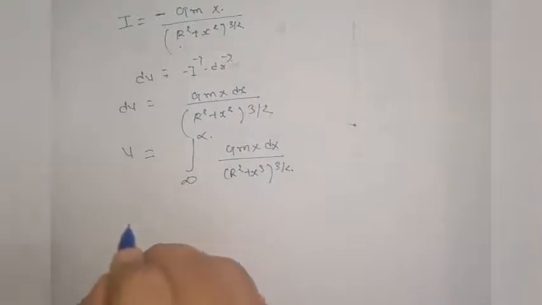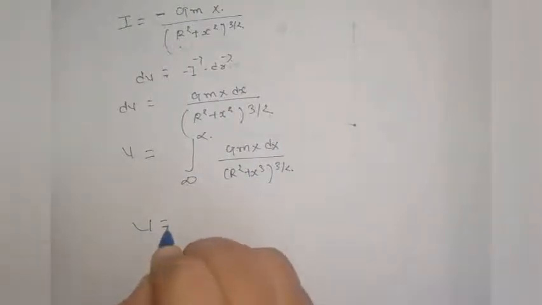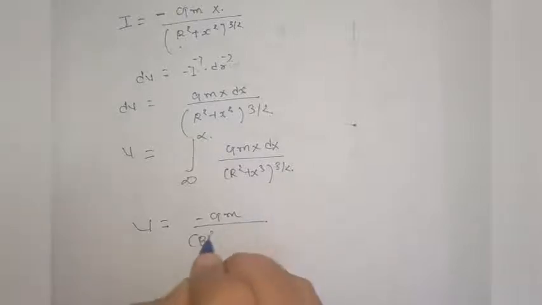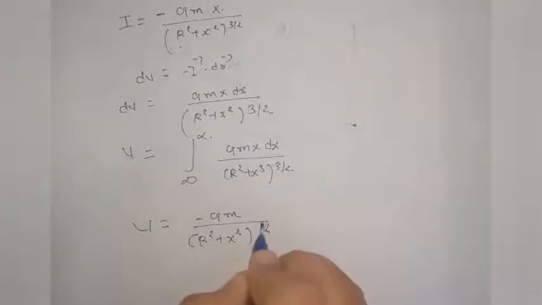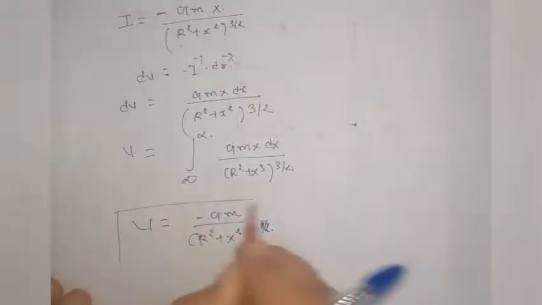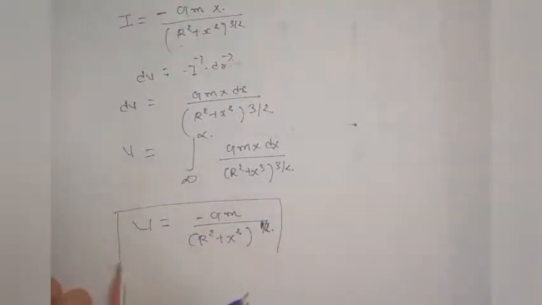So the potential will be minus GM divided by (r squared plus x squared) whole power 1 by 2. So this is the potential on the axis of a ring.